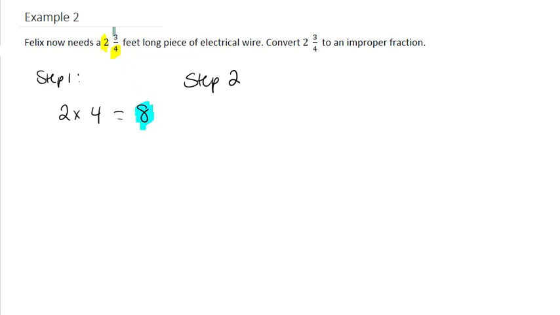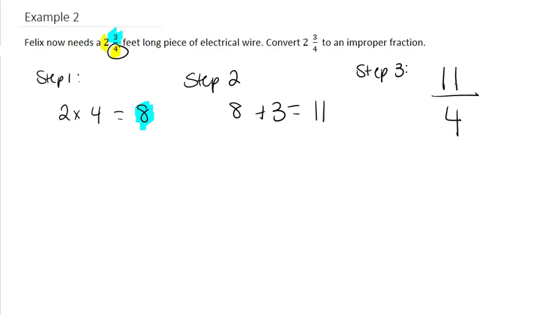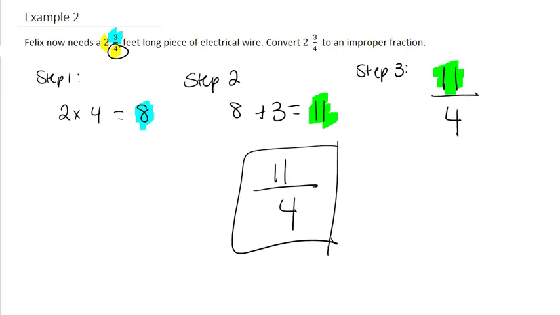We're going to take this 8 and we're going to add it with a 3. So we're going to go 8 plus 3, which is equal to 11. Step 3, we're going to keep our original denominator of 4 and put the new numerator of 11 from here to here. And so our final solution, as this is its reduced form, is 11 over 4.